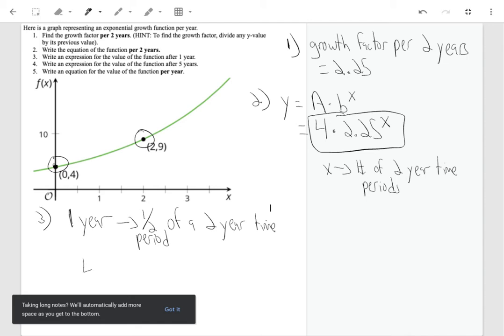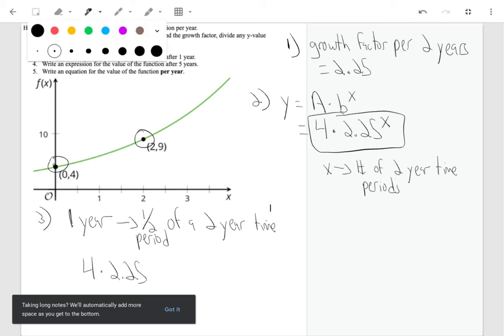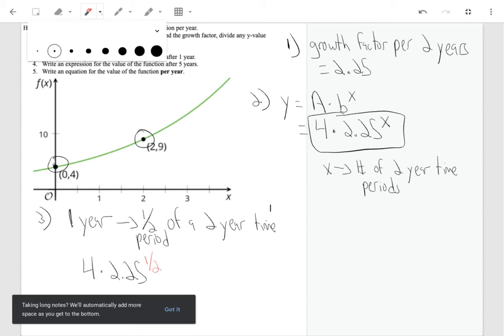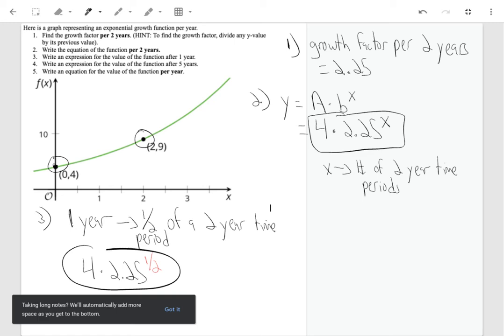So the expression is going to be 4 times 2.25 to the power of 1/2. That's the answer to number 3.